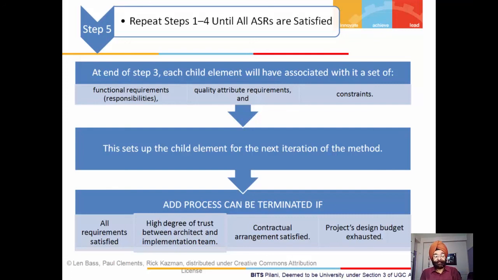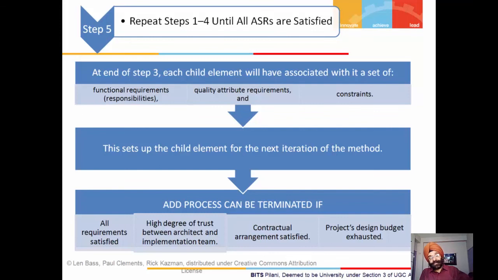If we find that at any stage we can afford to terminate, it is either because all the requirements have been satisfied, or you have reached a stage in the architecture where the architect feels that the implementation team is capable of taking on from here. They've understood the spirit of the architecture, and I do not need to detail it further. They've been working together long enough, and they have had similar experiences. More detail is not required.